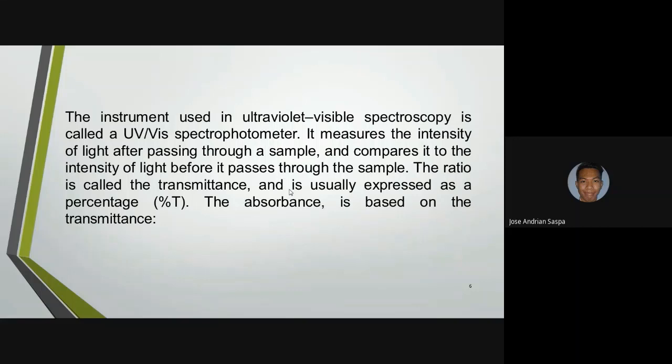It measures the intensity of light after passing through a sample and compares it to the intensity of light before it passes through the sample. Later, we have pictures to show the intensity of light before and after it passes through the sample.